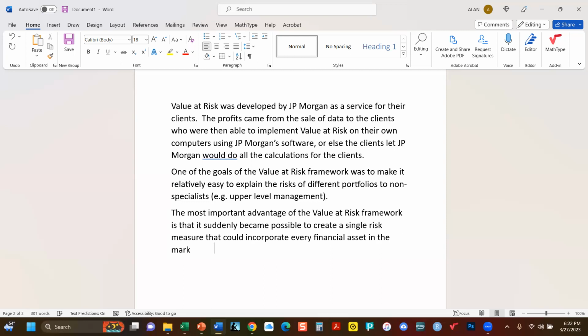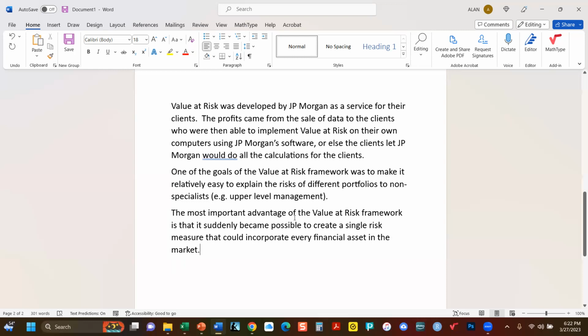In other words, it didn't matter if your portfolio contained stocks or bonds or currencies or commodities. No matter what it is, the value at risk framework provides a single number that we could use to represent the risk of the entire portfolio. Now, it isn't always easy.